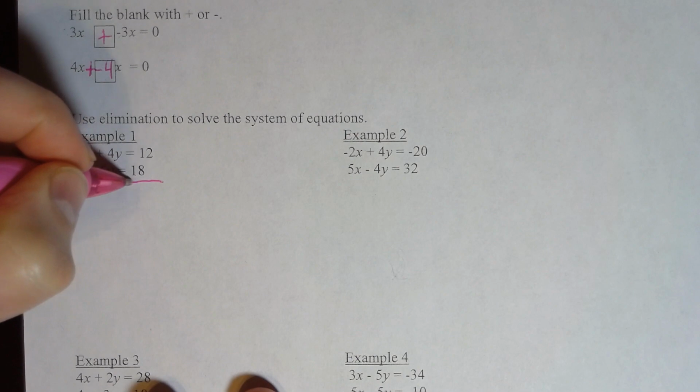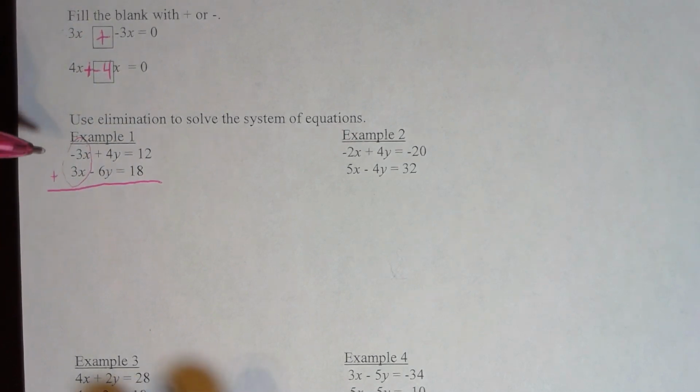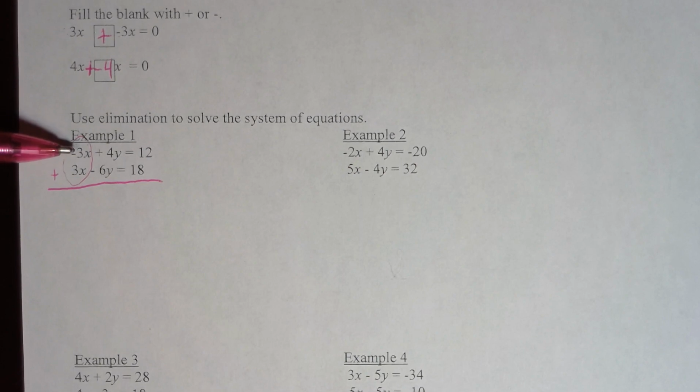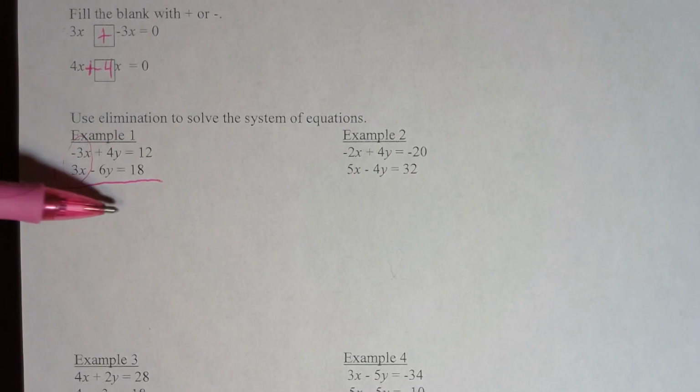So basically, we're just making an addition problem out of this. I'm just going to add these equations together, just like I would add two numbers together. These happen to have variables in them, but as long as I stay true to everything in here, I'm not going to violate algebra at all.